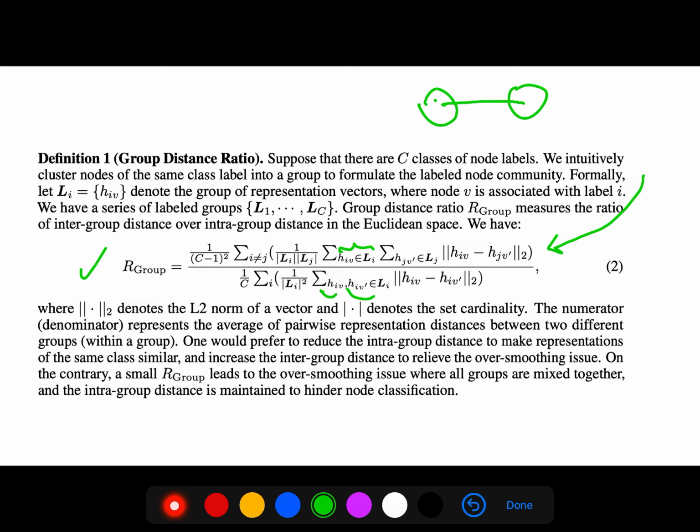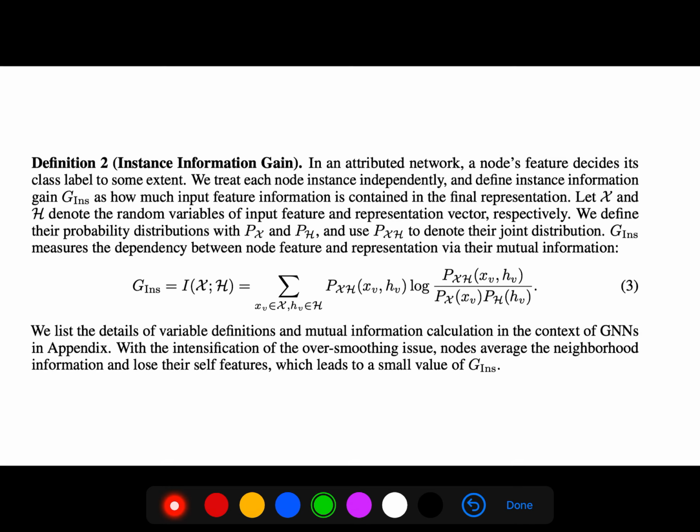Intergroup is this one, and intragroup is this one. So in an attributed network, a node's feature decides the class to some extent. We treat each node instance independently and define instance information gain as how much input feature information is contained in the final representation.